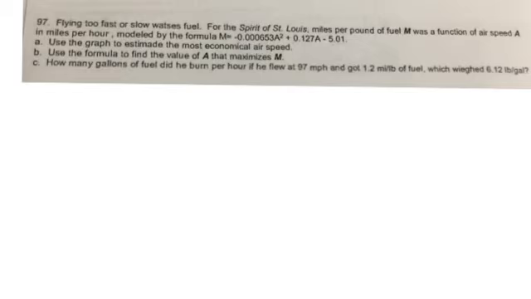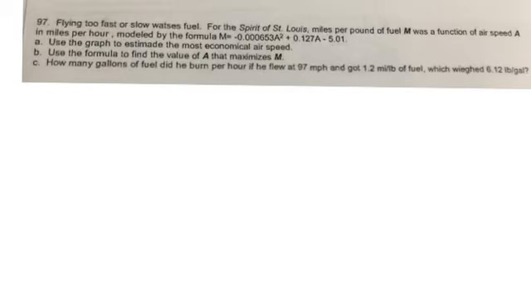So I've got this parabola. Again, I'm zooming out to where I'm looking at it from negative 1,000 to 1,000. So it says flying too fast or too slow. Miles per pound of fuel, M, was a function of airspeed, A, in miles per hour, modeled by the formula. So the M is my Y value, which is how many miles per pound of fuel, and A is the speed in miles per hour.